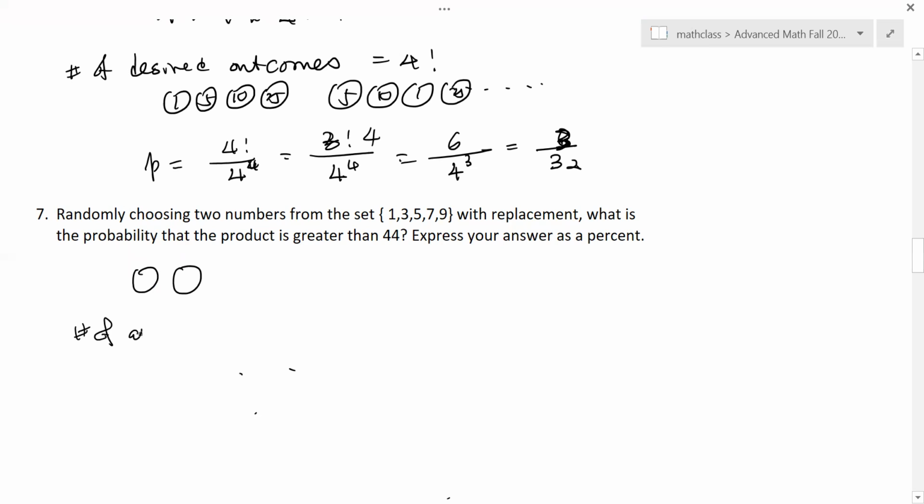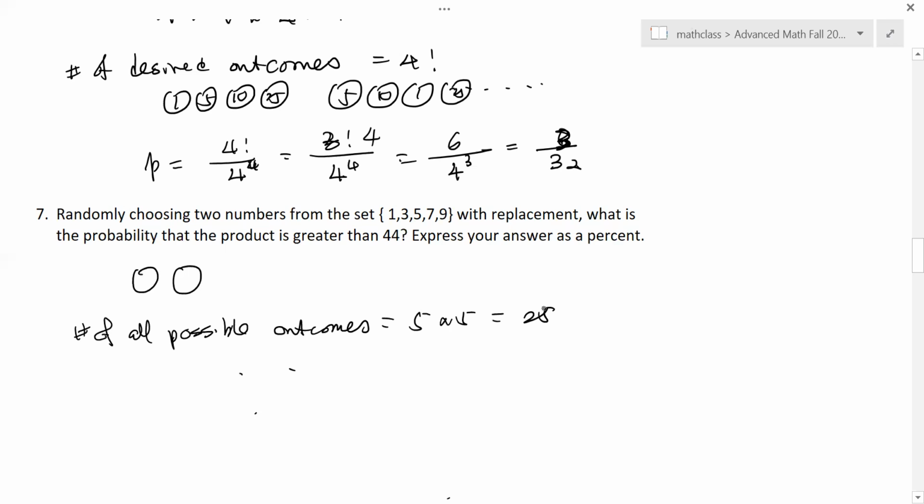Number of possible outcomes: the first number you write down, how many choices? 5 choices. The second number you write down also has 5 choices, because you select a number with replacement, then you still put it back. There are still 5 numbers there. So that's why it's fine.